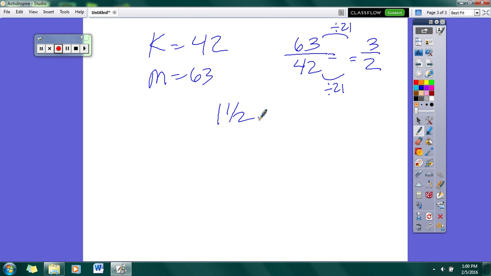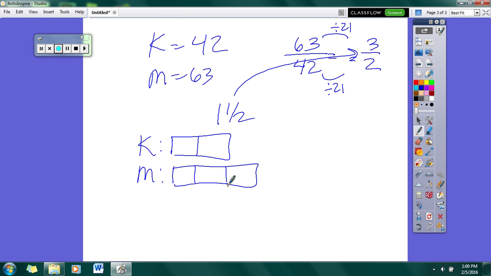I can fit 1.5, which makes sense because if I were to draw my reduced version of Calvin, it'd be 2, and Mike would be 3, which shows that I can fit 1 whole piece and a half of this whole inside Mike's. Okay, and let's go on to one of the last ones.